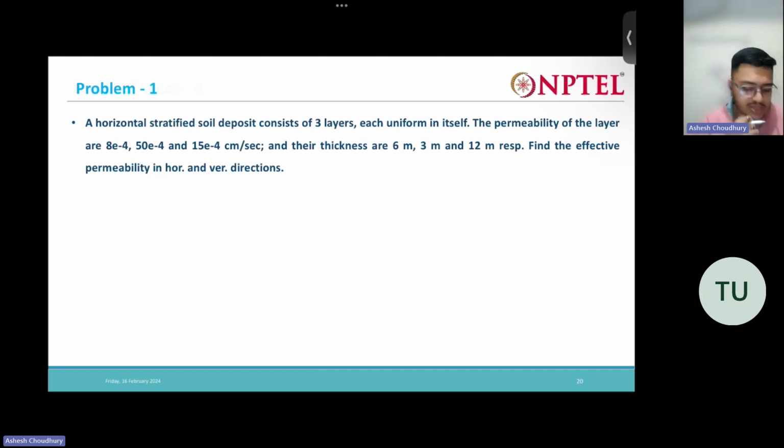So we can easily solve this. Just try for 2 minutes to solve this.